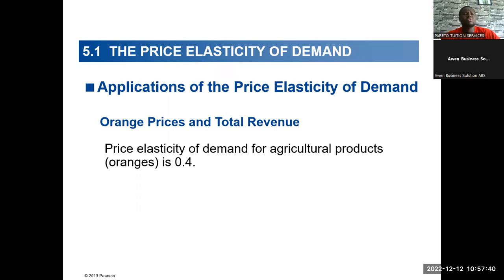The government too, you see, can use it to enact tax policies. If you want to get more tax revenue, you impose taxes on goods with inelastic demand. You see that taxes raise the price of goods and services. So when prices go up, people will decrease their demand.